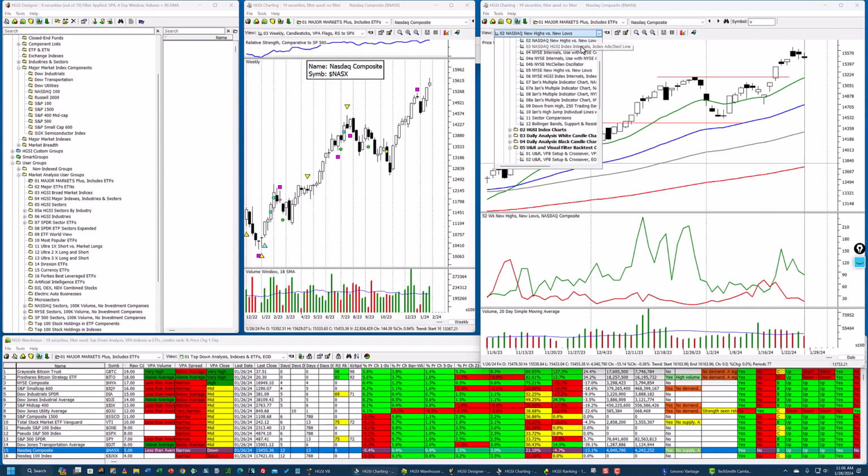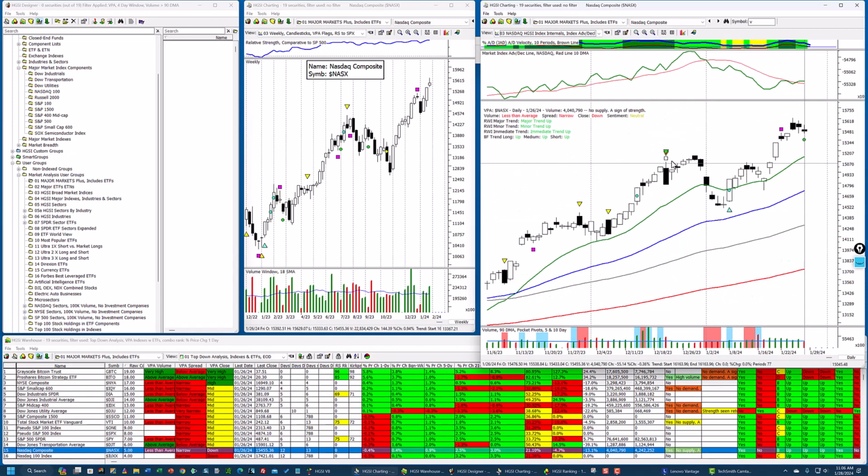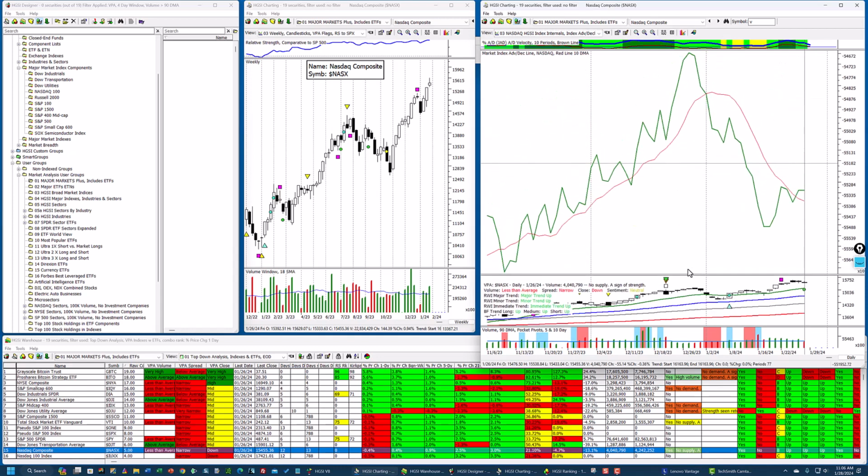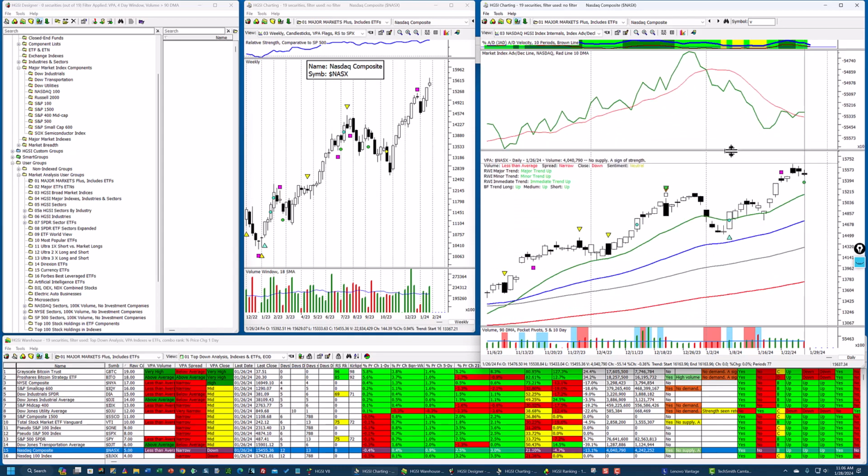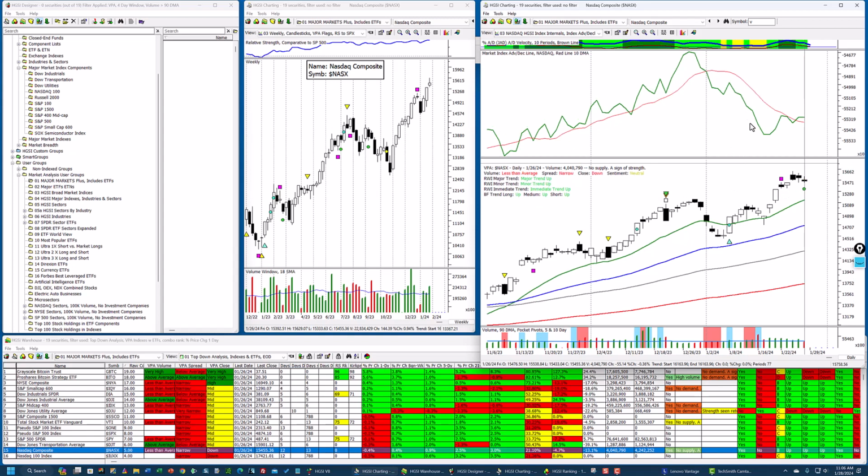Finally, I'm just going to drop down to the advanced decline line. I can pull this down. You can see that as the market was moving up here, the AD line was actually coming down. But recently, with this spurt here, the AD line was moving up.